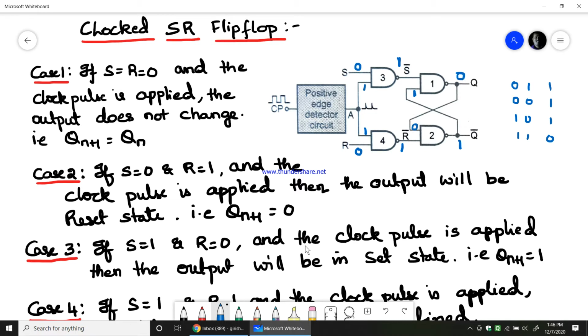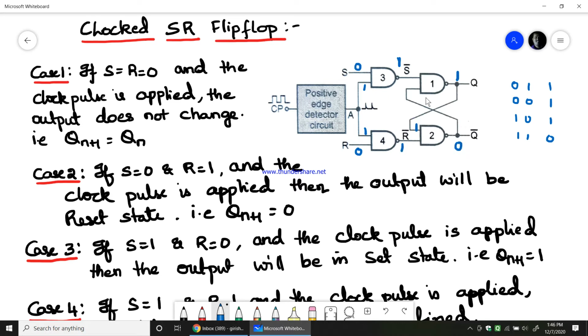Now let me assume Q as 1. So this 1 will come here, and this 1 and 1 is NANDed, so you get 0.